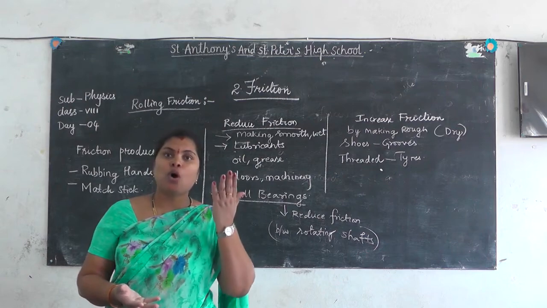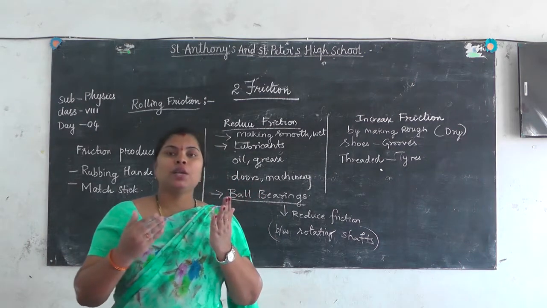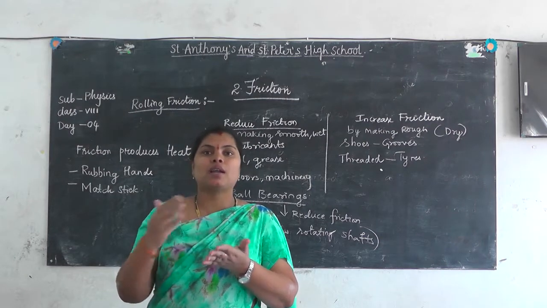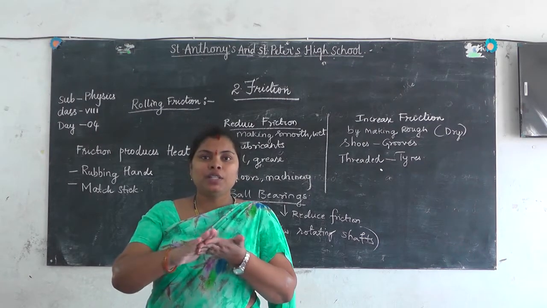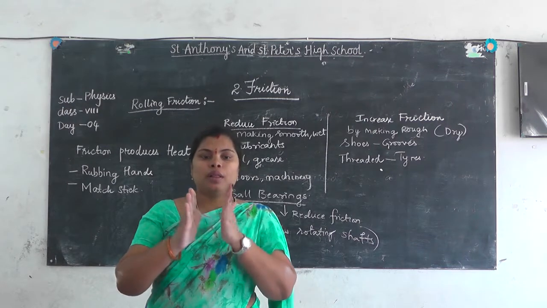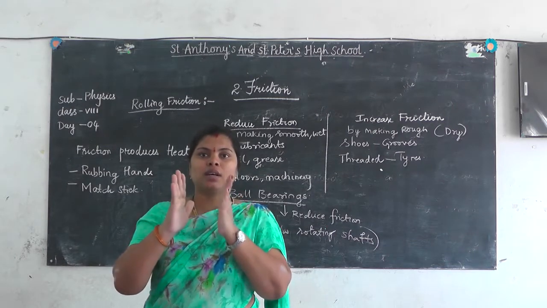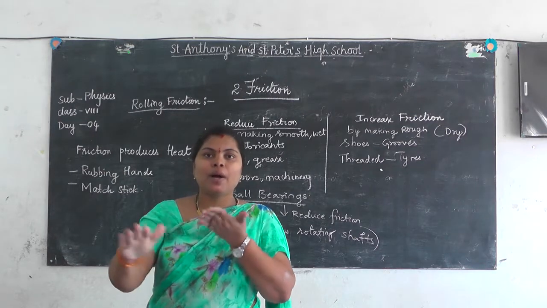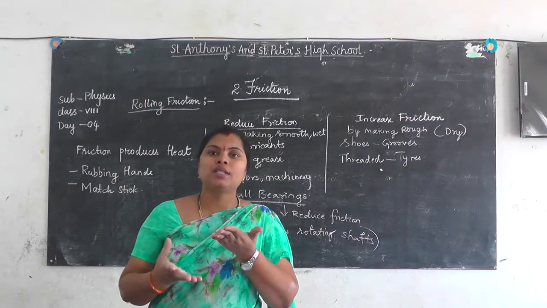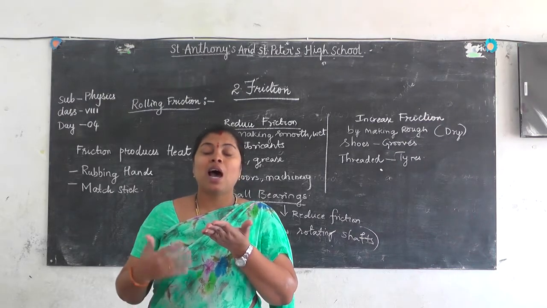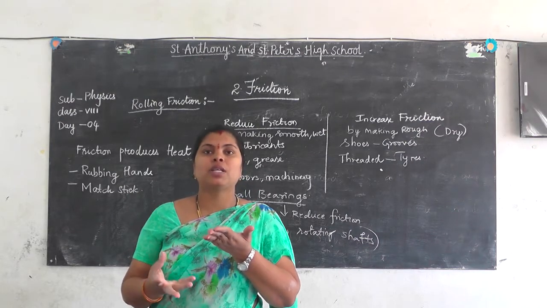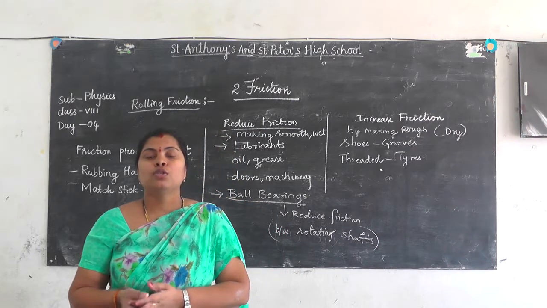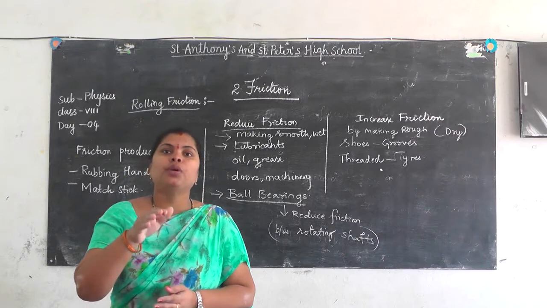If friction is more, as in machinery parts, usually in factories and industries, when the machines are running continuously, the surfaces of the machines rub against each other, temperature is increased and heat is produced. A large amount of heat production leads to damage of the machinery. So there we need to reduce the friction.